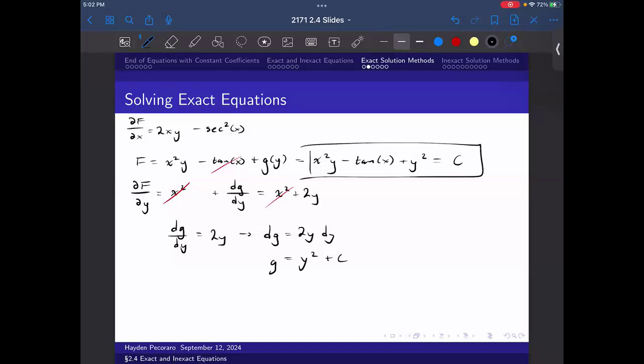If you want to, you can also try starting with the other side and seeing how things shake out. So see if you can do the same process starting from the derivative with respect to y. I'm not going to have you do that now. You can do that at home if you want.